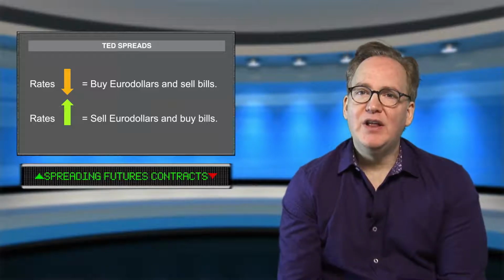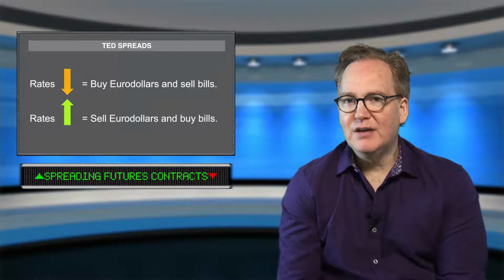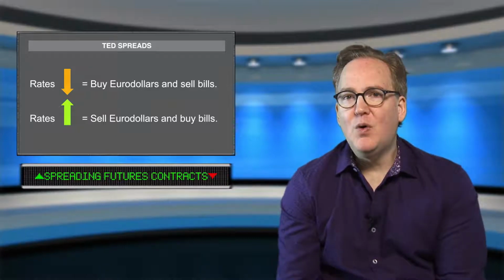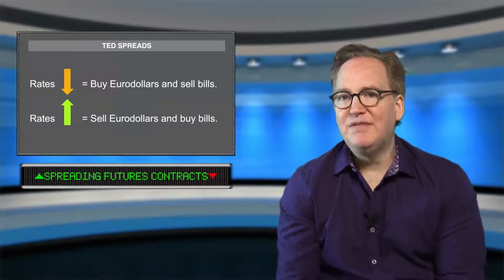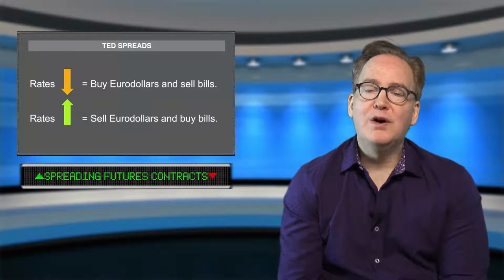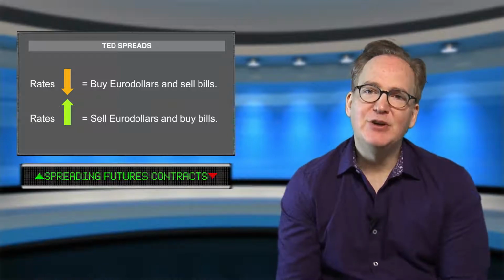As credit quality deteriorated, the value of the Eurodollar would fall more than the value of the bill, thereby creating a profit for a speculator or an appropriate hedge for someone who is looking to hedge against a deterioration in credit quality.